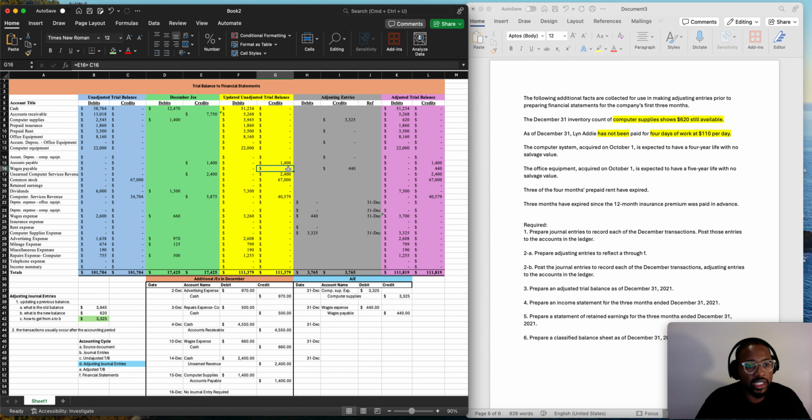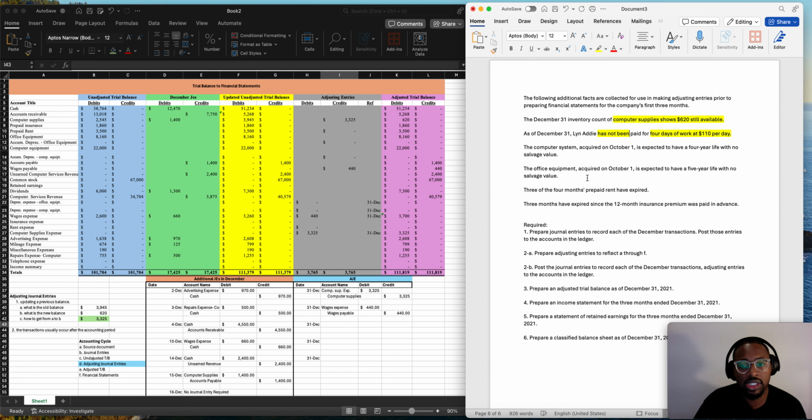Now, again, you see wages payable starts off with zero. That's the old balance. Now the new balance is going to be 440. So that adjustment was the credit to 440. All right. And then if you look at wages expense, we started off with 3,260 and we ended with 3,700. The difference is a debit for 440. Okay, so hopefully that makes sense.